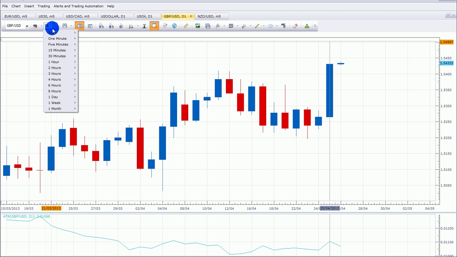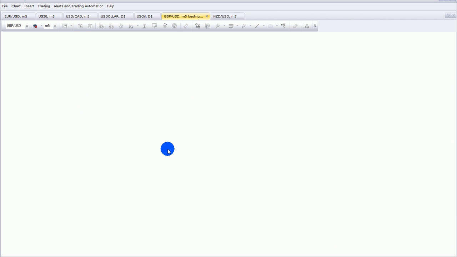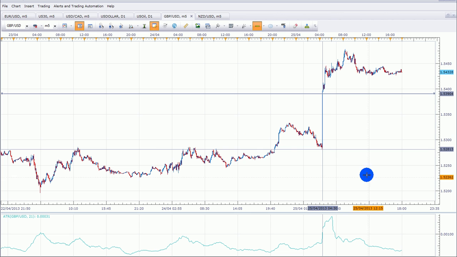Then I come down to my 5-minute chart and see whether the market has already moved 109 pips. The pre-release price was 1.5281, and 109 pips would be close to 1.5390. So you know that the market has already gone beyond its average true range.